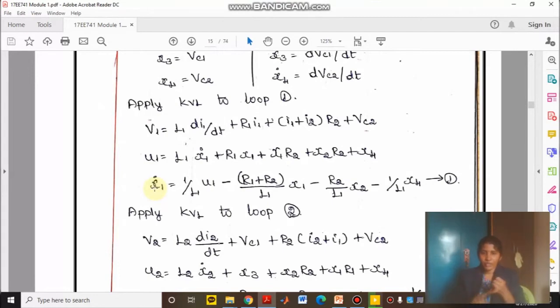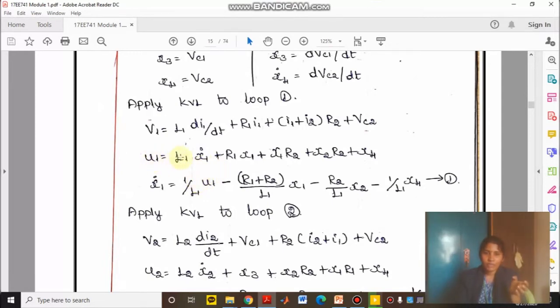In an equation, if you are converting any physical quantity to state variable, the right hand side part of your equation will have only the terms in terms of your state variable and input variable, and in the same equation you will not get two first order differential equations.